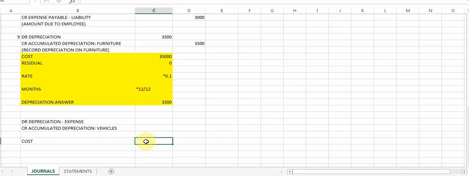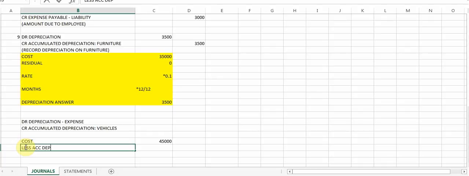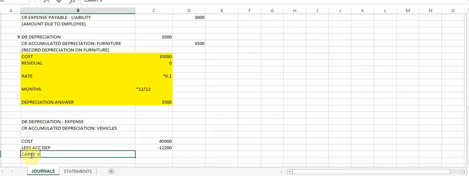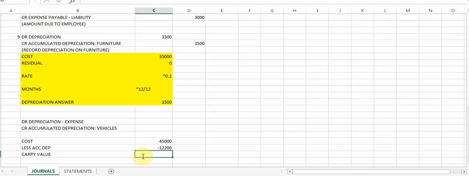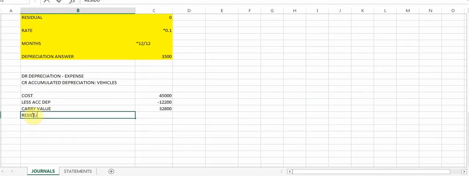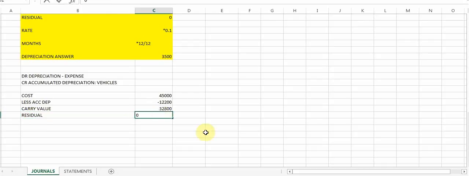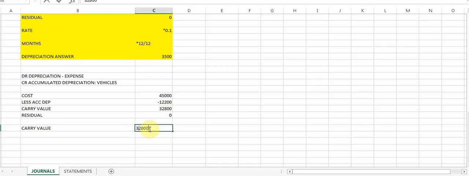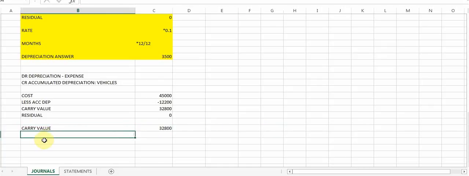If I go to the trial balance, the cost is 45,000, and I subtract the accumulated depreciation given in the trial balance, which is 12,200. Then the carrying value is that one minus that one, which gives you 32,800. There is no residual value given, so that's 0. So the carrying value is 32,800 Rand.